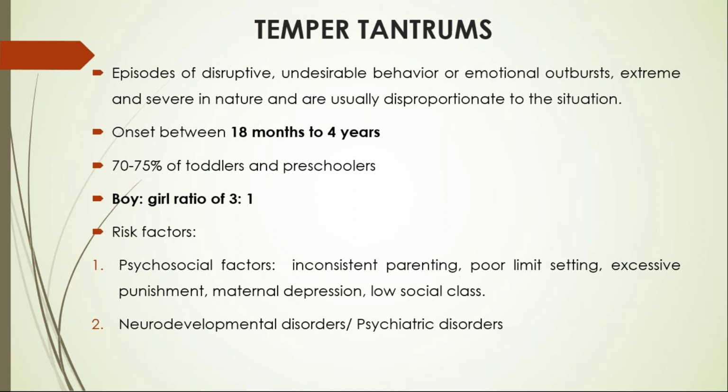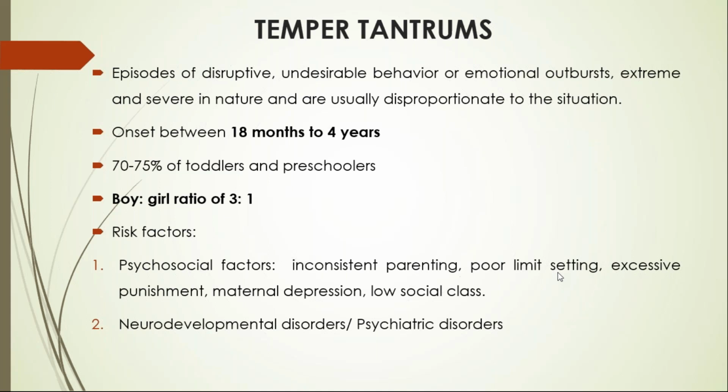And here also there are some psychological factors like we previously discussed, inconsistent parenting. What comes here is poor limit setting. This we previously didn't discuss. So poor limit setting means that there is no limit, there is no end to the demands.